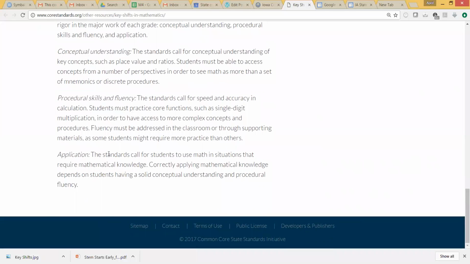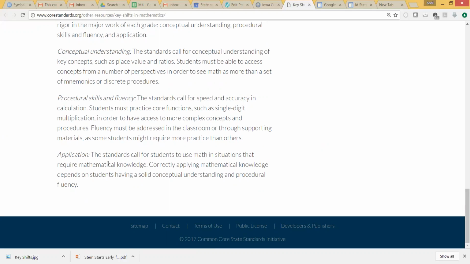And then we want the application, because we want to bring that conceptual understanding and procedural skills and fluency into a problem-solving real-world application.